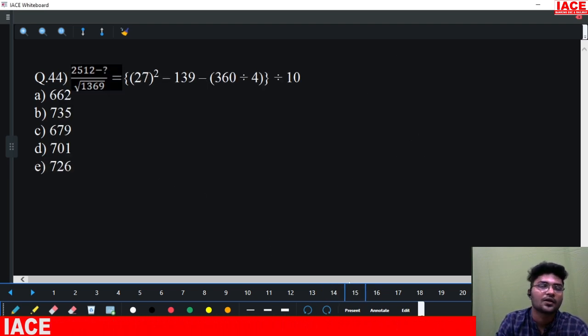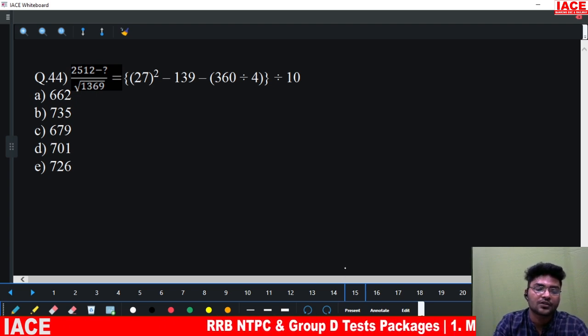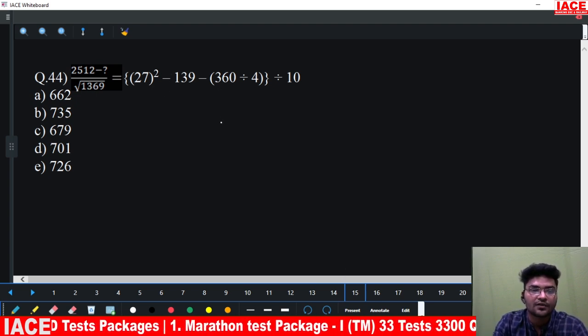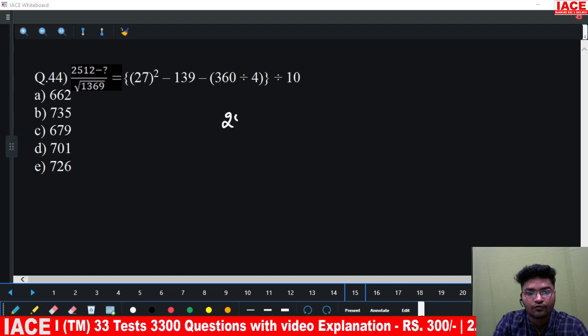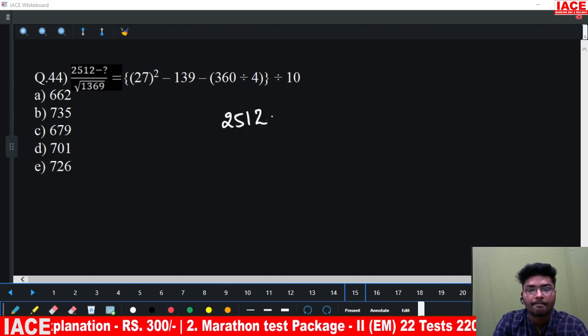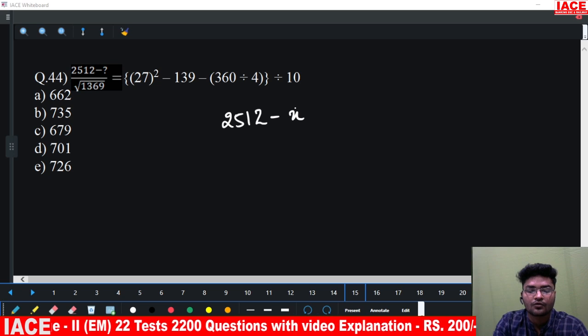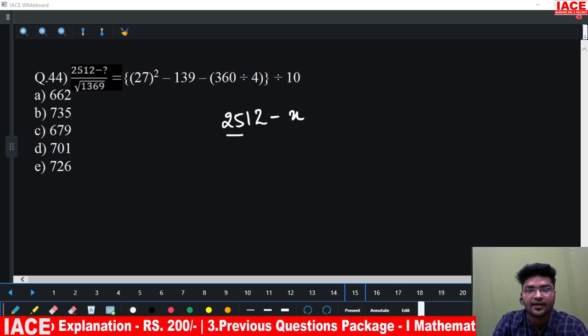Next question. Question number 44. What do we have here? 2512 minus x, divided by 1369.